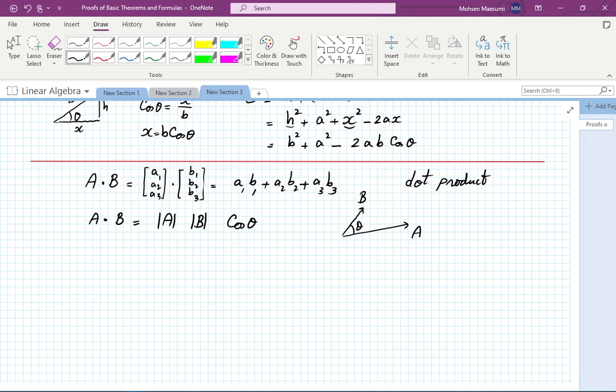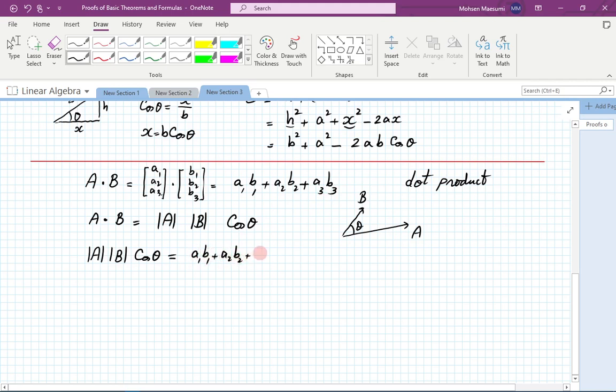Again, from an end user approach to mathematics, what you say is that the length of this times the length of that times the cosine of the angle is equal to whatever the dot product is, a1 b1 plus a2 b2 plus a3 b3. And if I've given you some of these numbers, you can calculate the other ones by this equation. Okay, that's fine. As a user, you can do that.